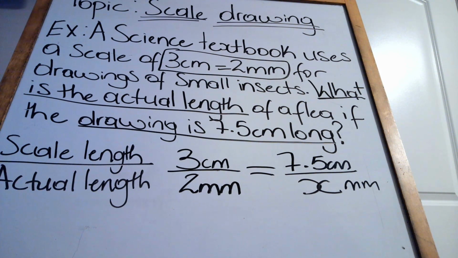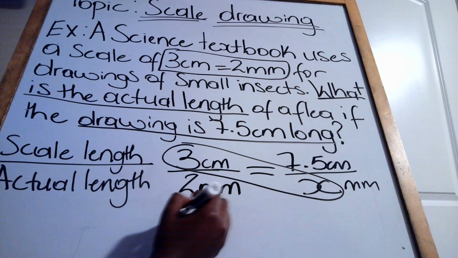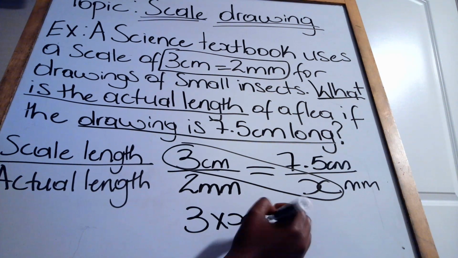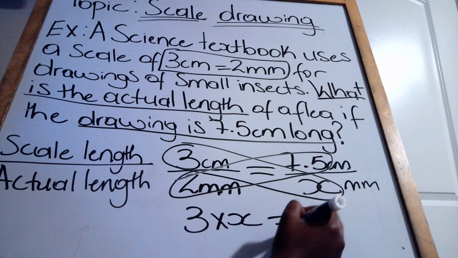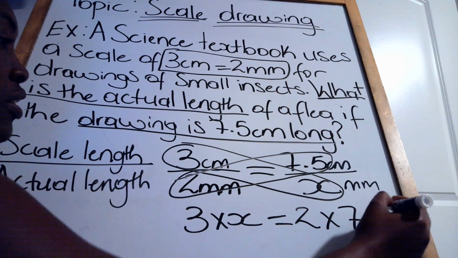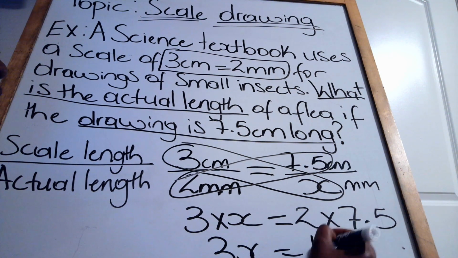After we write the problem as a proportion, the next step is to cross multiply. We're going to do 3 multiplied by x, and 2 multiplied by 7.5. 3 multiplied by x gives me 3x. 2 multiplied by 7.5 gives me 15.